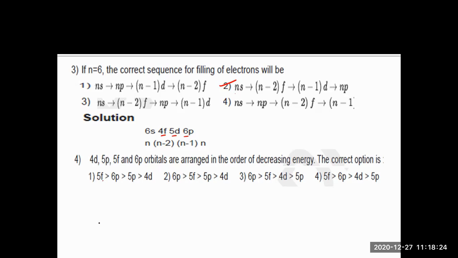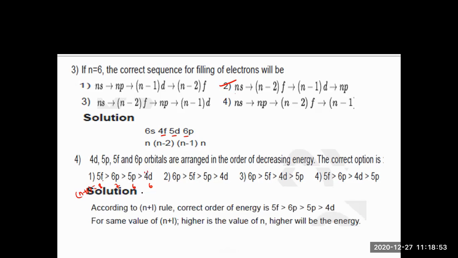First option, sir. What is n plus L value here? 5 plus 3, 8. And 6 plus 1, 7. And 6. Between 6 and 6, lower n value will be lowest energy. Am I right? So in that way, that itself is the correct answer.